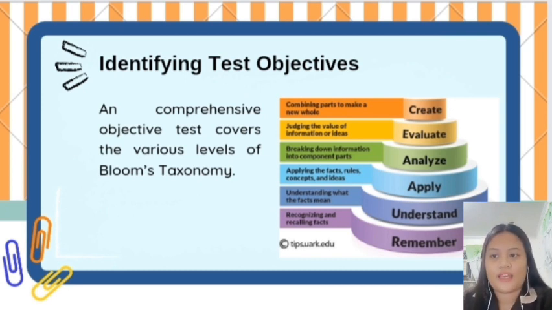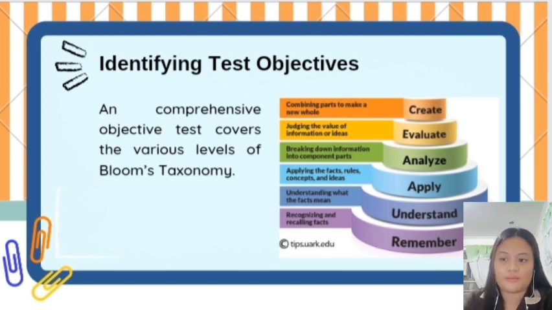Okay, so kung makita nyo sa right side ng screen nyo, yung blocks na colorful, so yan po yung ating Bloom's taxonomy, wherein it consists of 6 categories, which are remember, understand, apply, analyze, evaluate, and create. And each objective consists of a statement of what is to be achieved.